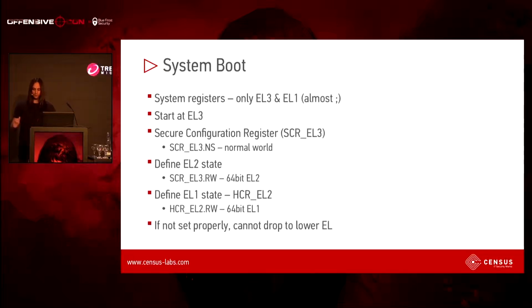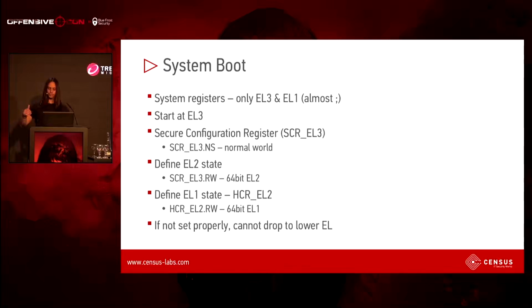After that has been said, we define the system state and some system registers. We will be focusing on EL3 and EL1 to allow RKP to define its own state properly, well, almost, as we're going to see next. So what we have to do: we boot, reset EL3. We have to set the secure configuration register to define the world we are executing in. So we set a normal world.